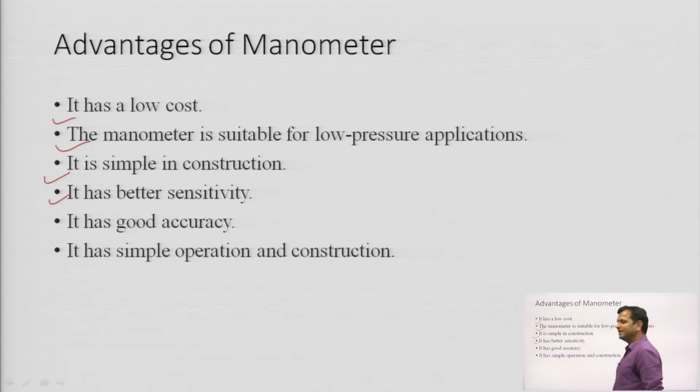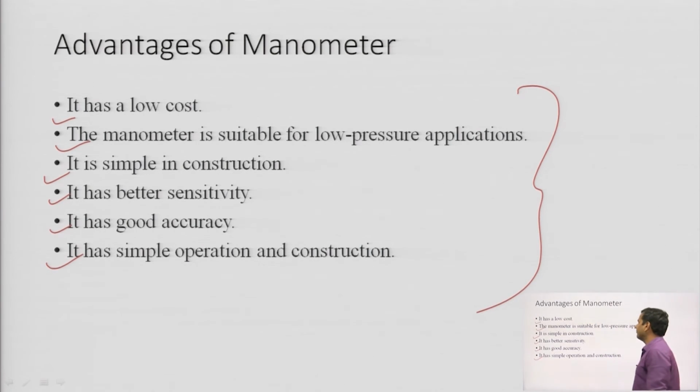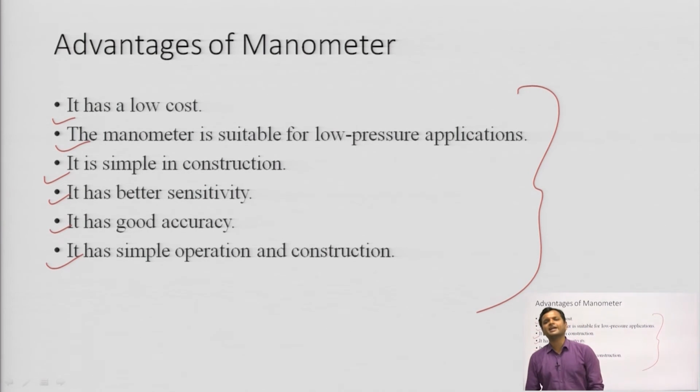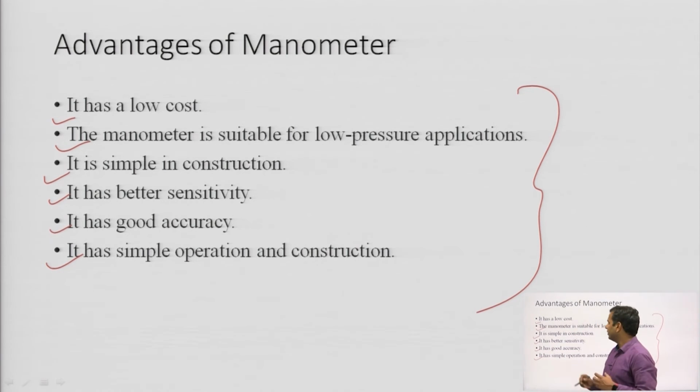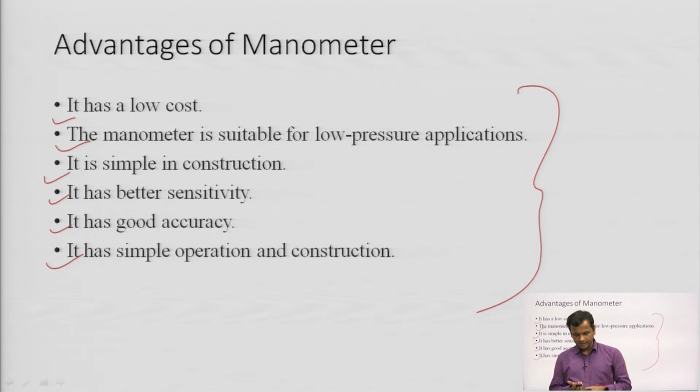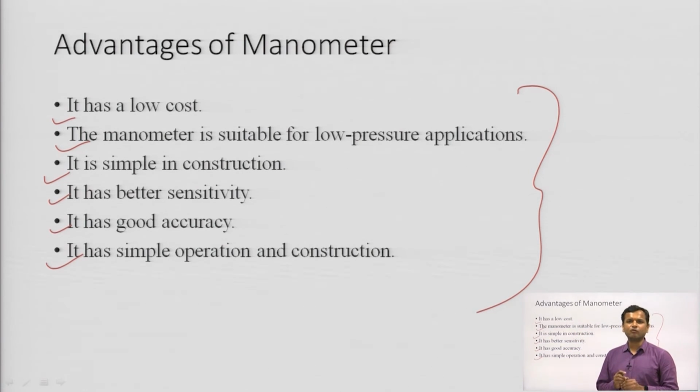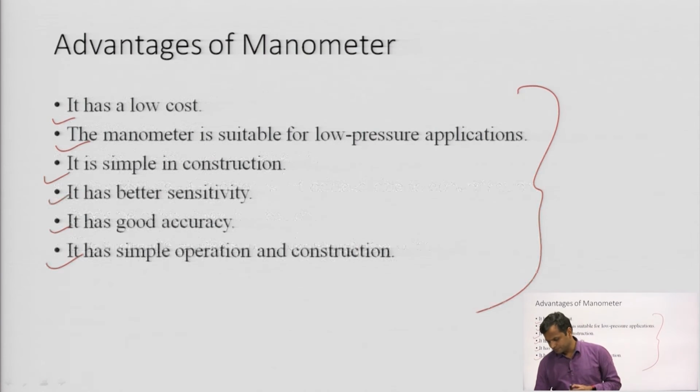Also, it has better sensitivity, good accuracy, and simple operation and construction. These are the collective advantages of manometer that include all categories of manometer that we have seen: the Weld type manometer, inclined type manometer and the U-tube shape manometer.